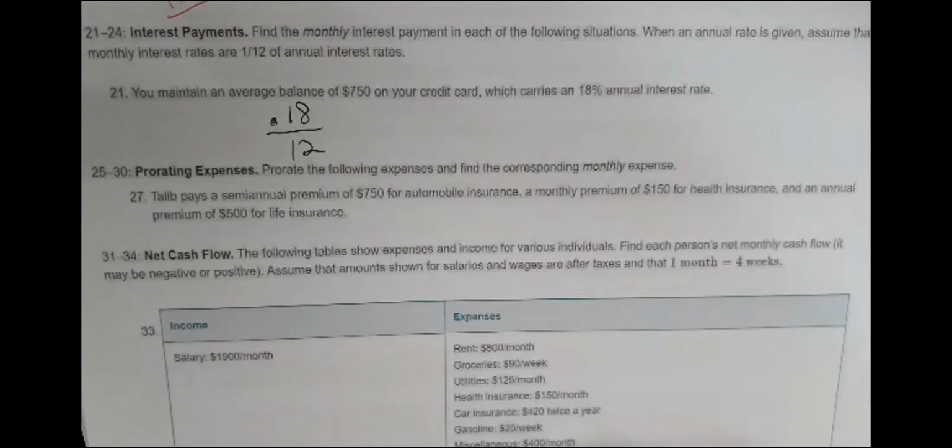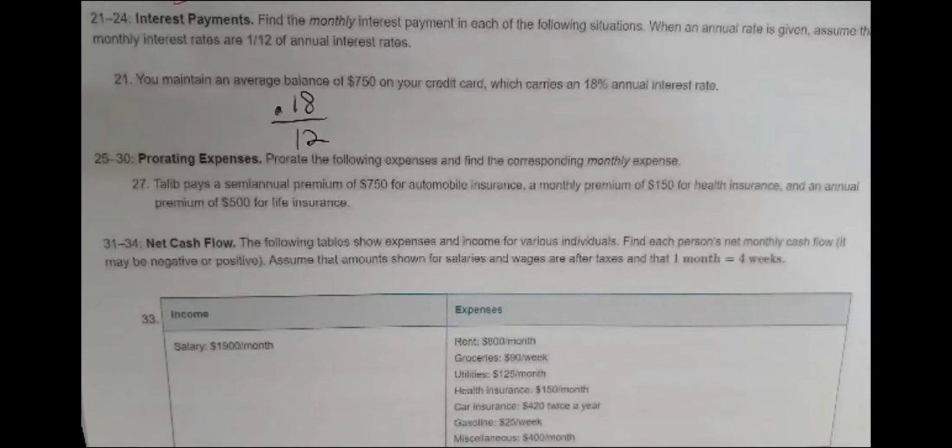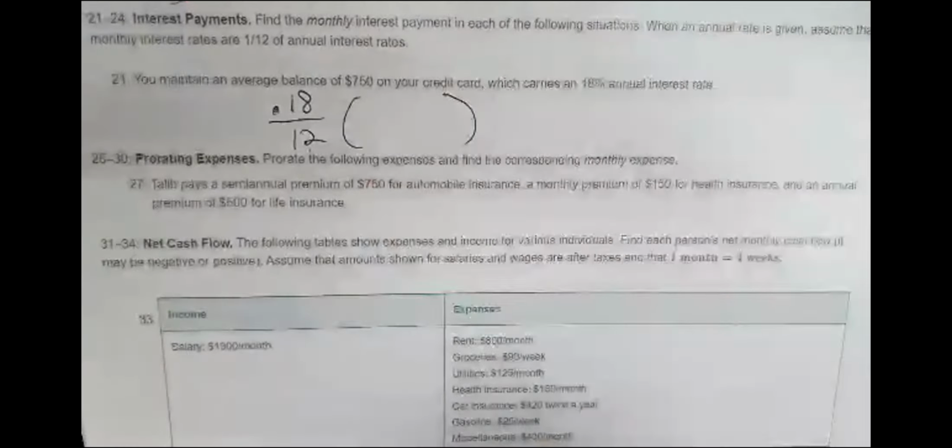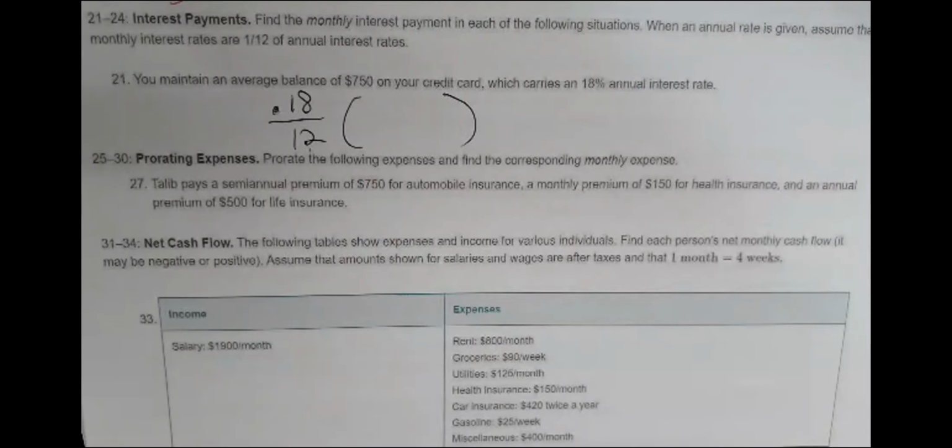I know a lot of these things I would do unit analysis for, but in this section, I'm probably just going to divide by 12, multiply by 4, and try to do things the short, simple way. Make it a little sweeter. I'm doing 18% divided by 12. This is going to be my monthly rate, and I'm going to take this on what amount?